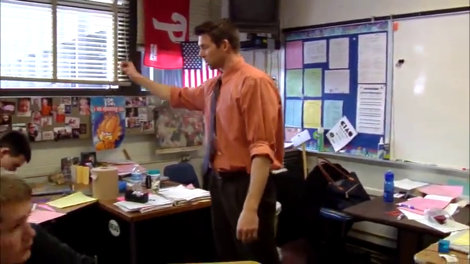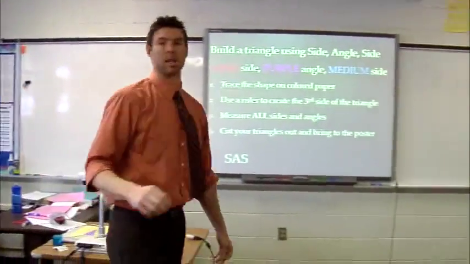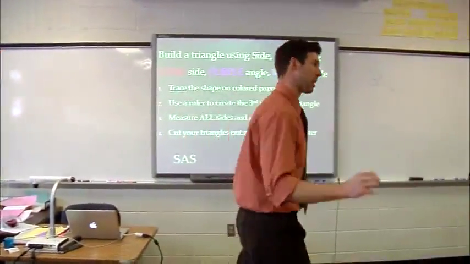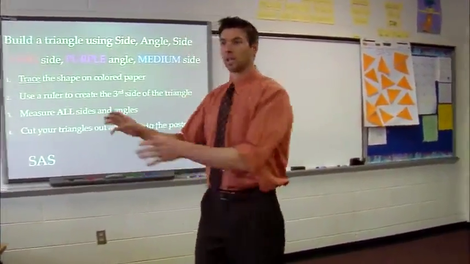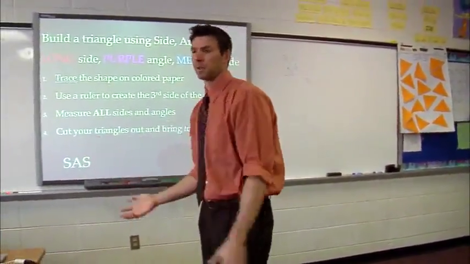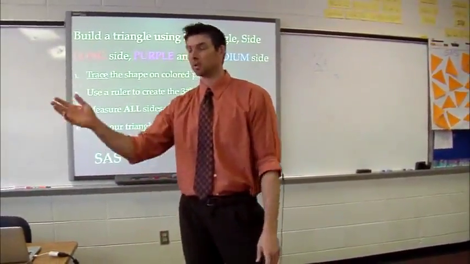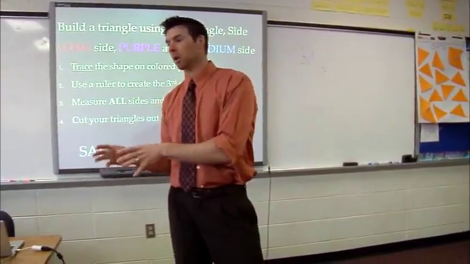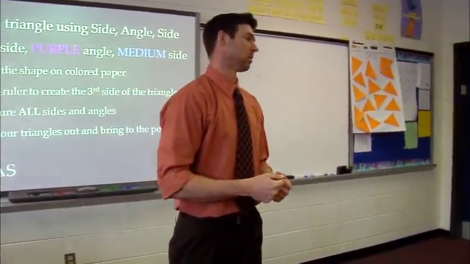Nate and Zav ended up with the same triangle. Zach and Malik, the same triangle. Sandy and Rosie, the same triangle. Justin and Jose ended up with the same triangle. It didn't matter. I didn't want you to think that it only worked because I gave you the sides and the angle. You just did it right there. You picked out which ones you wanted to use, put them together, and we made it work.